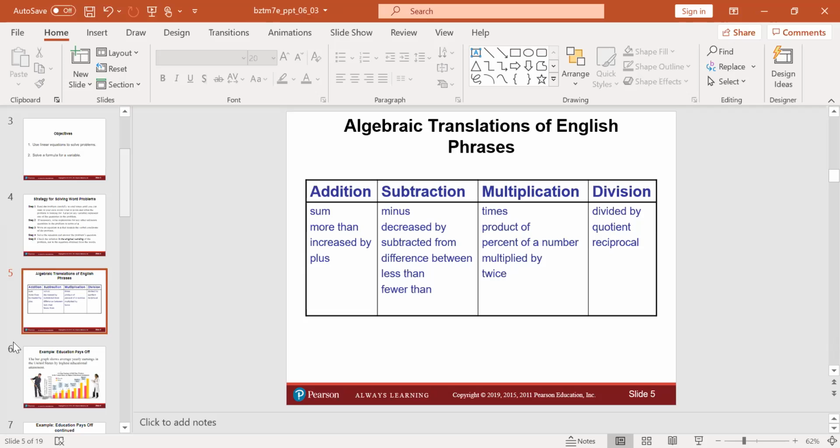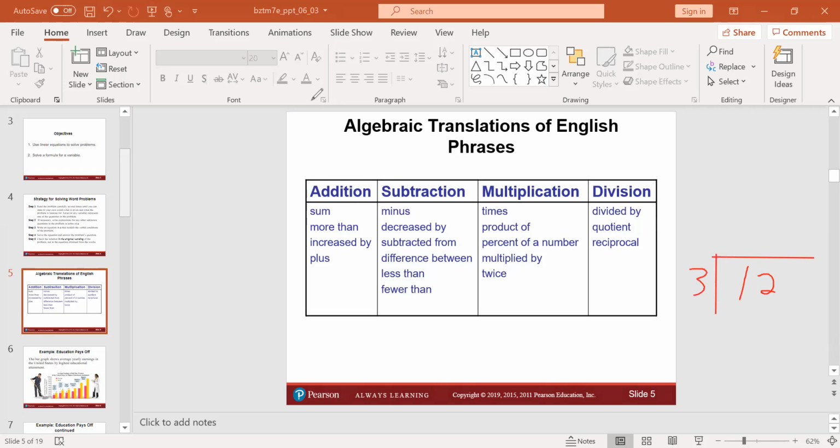Finally, if you're talking about division, you can say it's divided by or a quotient of two things. Remember, we mentioned what a quotient is. I'll write it out here just for fun real quick. You'll recall when you're doing division, let's say you're taking the number 12, you're dividing it by 3.